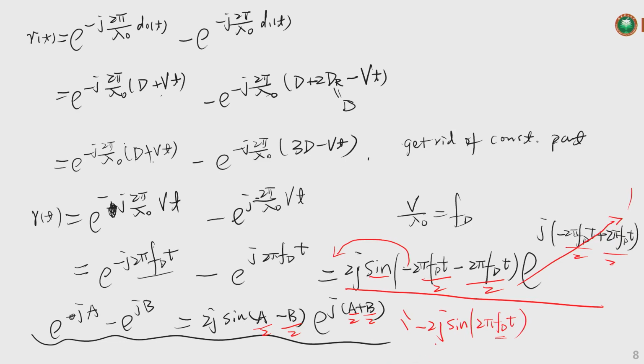And its magnitude r(t) is proportional to 2 times sin 2 pi fd times t.